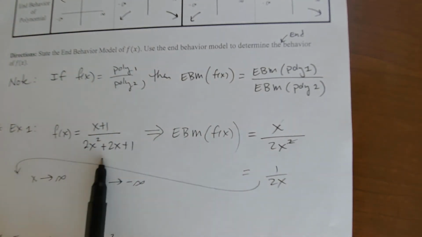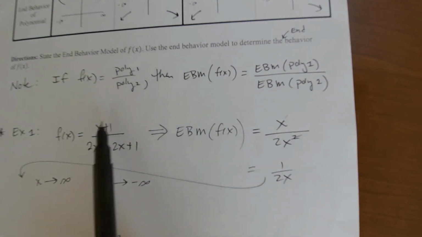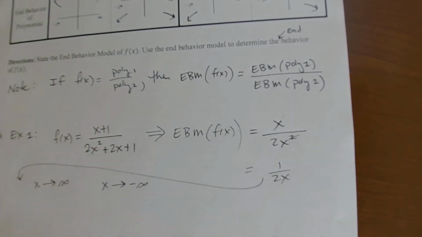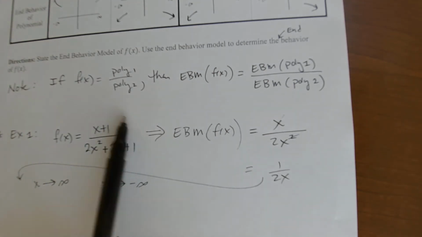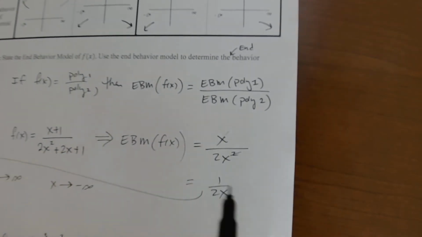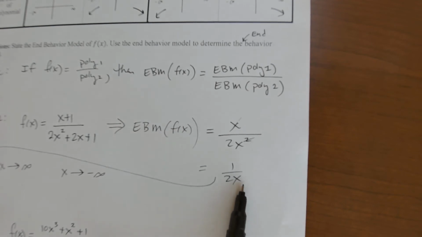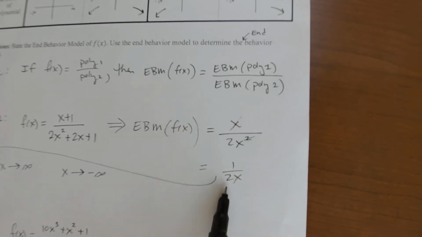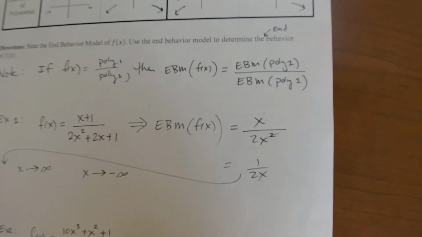If we use the original function, that would be really hard to figure out because there are so many x's. But the end behavior of this original function is the same as this, because that's what an end behavior model is. We just use it as a model, not as though it's the actual function, but it models its end behavior. We're going to use this because it only has one x.